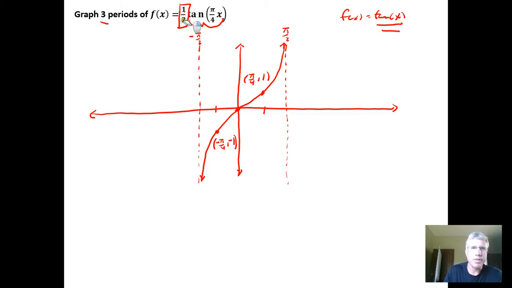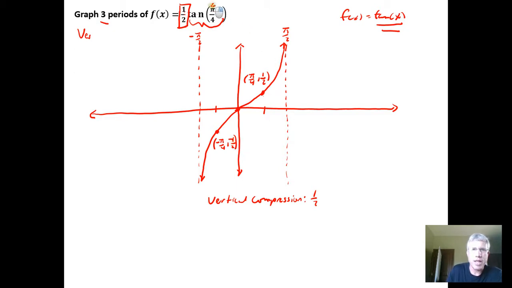So right away, this 1/2, which is a vertical compression, so we'll have a vertical compression by a factor of 1/2. We just get rid of the 1 and put a half there. 1 times 1/2 is 1/2. Negative 1 times 1/2 is negative 1/2.